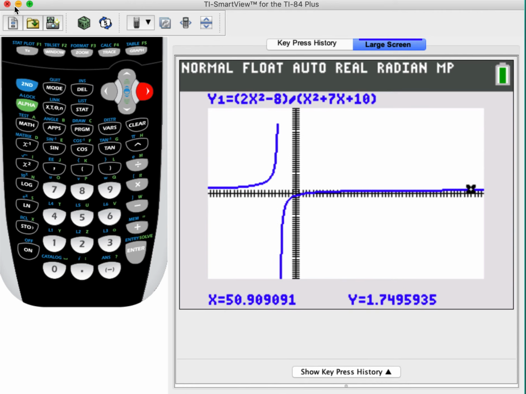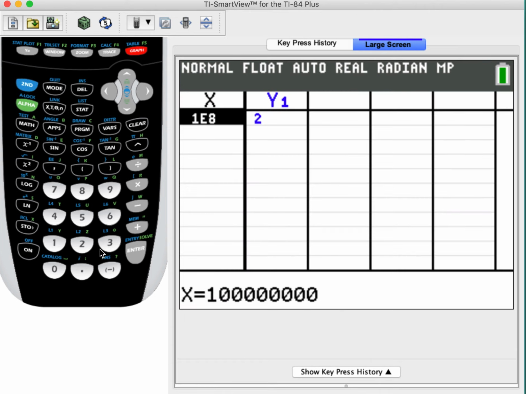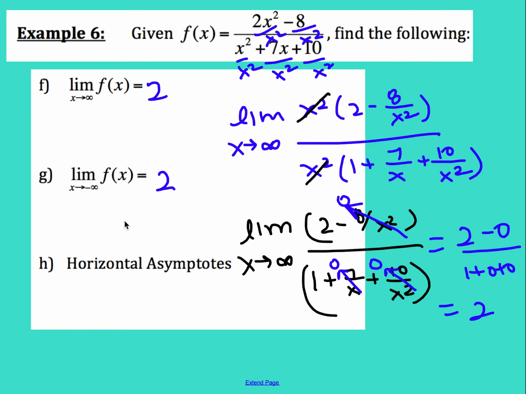So you can always use your calculator to help you. The other thing you guys can do is go to your table and put in an extremely large value. So if I go to the table and put in a large value, it would give me a y value of 2. So it's saying we're getting really close to 2. And so that means it's a horizontal asymptote, and horizontal asymptotes are written y equals 2. So there is that example.